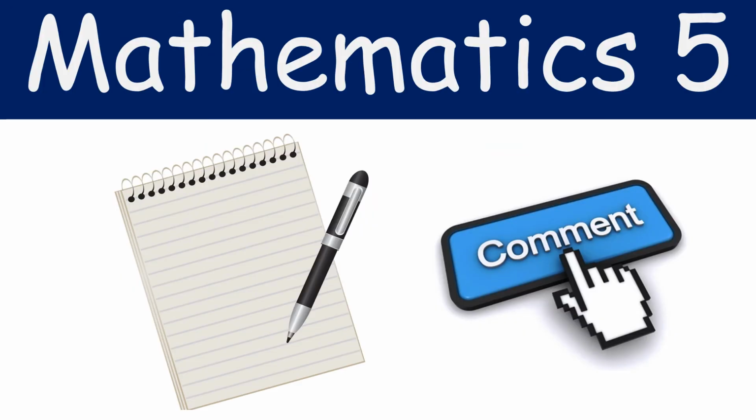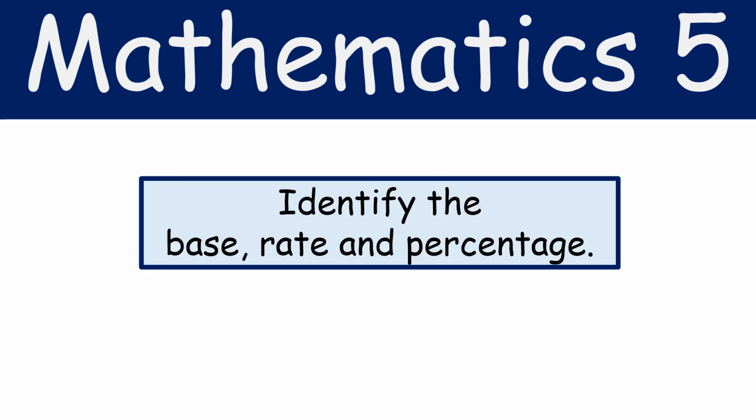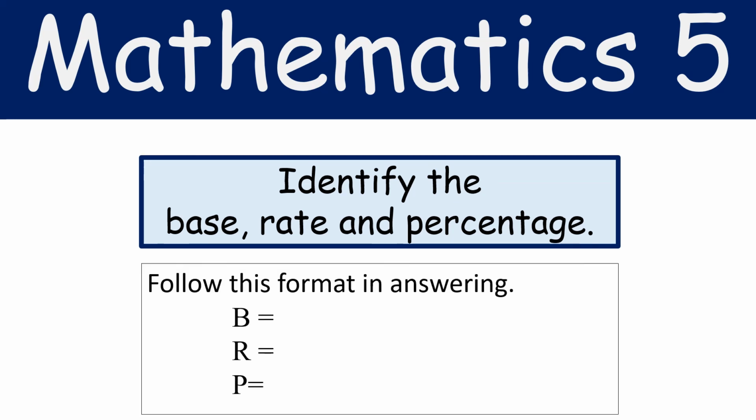Now let's have brief exercises on our lesson. Prepare your pen and paper to have something to write your answer with. Also, you have to identify the base, rate, and percentage. In identifying the base, rate, and percentage, follow this format in answering.